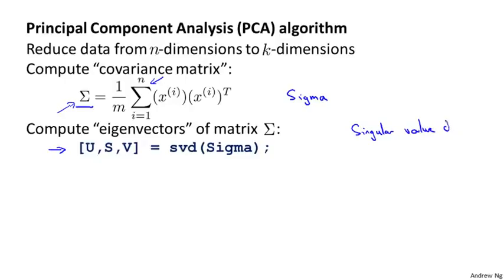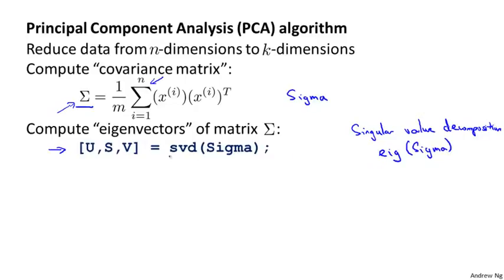This is much more advanced linear algebra than you actually need to know, but it turns out that when sigma is a covariance matrix, there are a few ways to compute these eigenvectors. If you're an expert in linear algebra and you've heard of eigenvectors before, you may know that there's another Octave function called eig, which can also be used to compute the same thing.